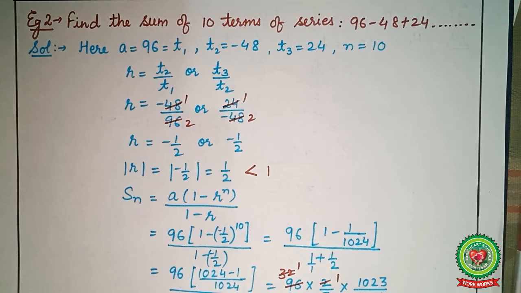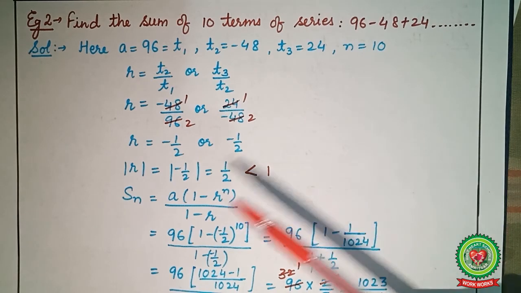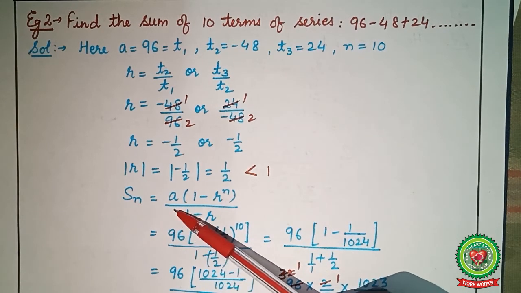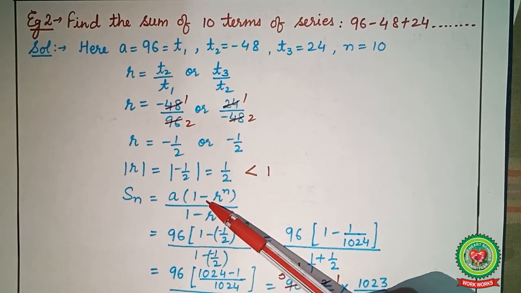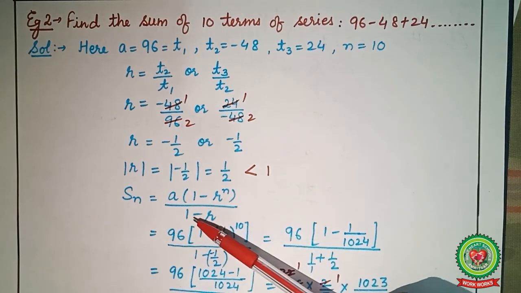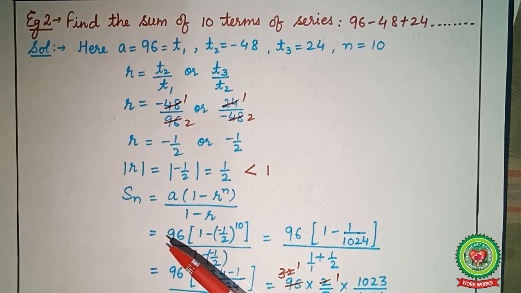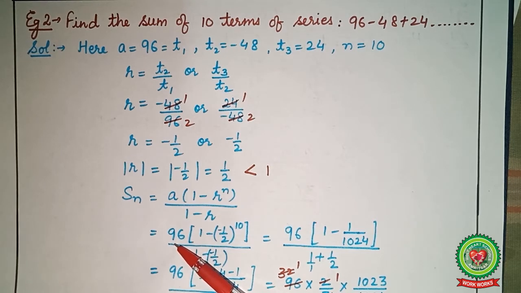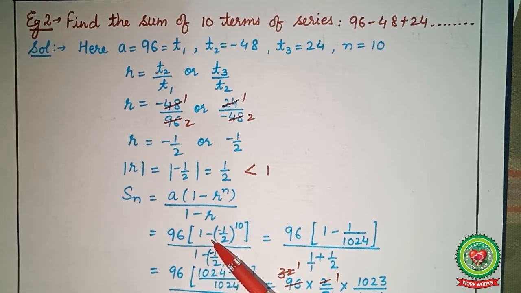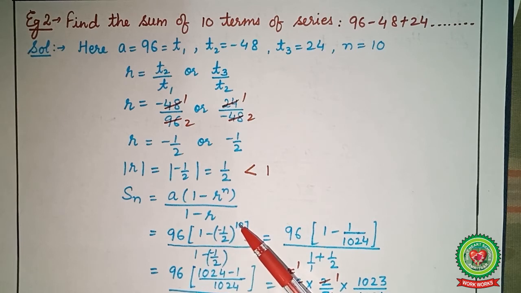Now for less than 1, we will apply the second formula, that is Sn equals A multiplied by 1 minus R raised to power n upon 1 minus R. Now put the values of n, A and R, and we get S10 equals 96 multiplied by 1 minus, here put the value of R, not mod R, so it is minus 1 by 2 raised to power 10 upon 1 minus of minus 1 by 2.